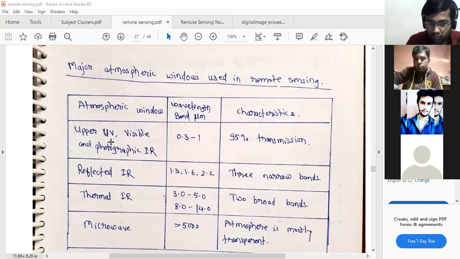Upper UV for ultraviolet, visible and photographic IR is 0.3 to 1. For reflected IR, we have 1.3, 1.6, 2.2, 3, narrow bands. For thermal IR, 3 to 5 and 8 to 14, two broad bands. And for microwave, more than 5,000.